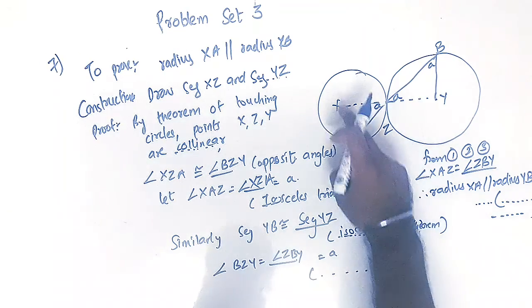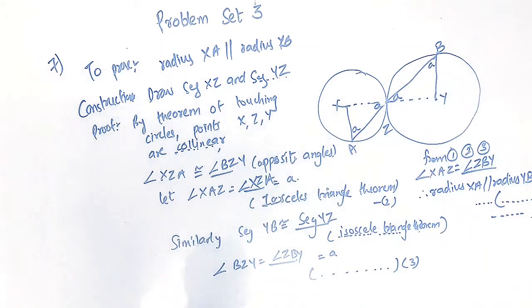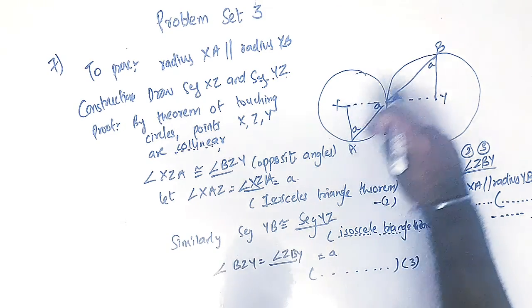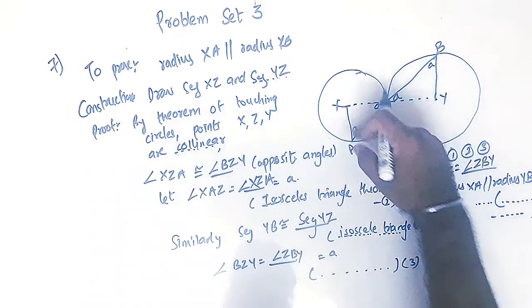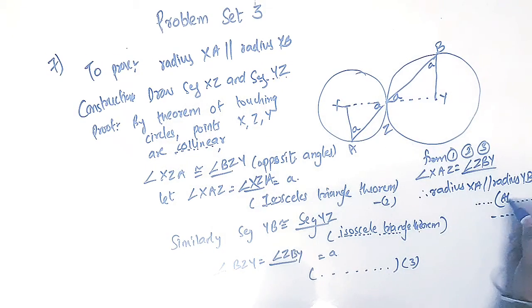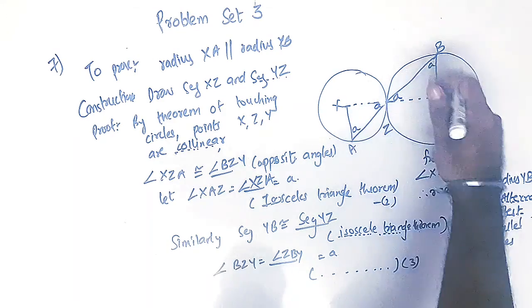So radius XA is parallel to radius YB. Why? Because it is forming alternate angles. Yes or no? They are forming alternate angles. So by alternate angles test for parallel lines, these lines are parallel.